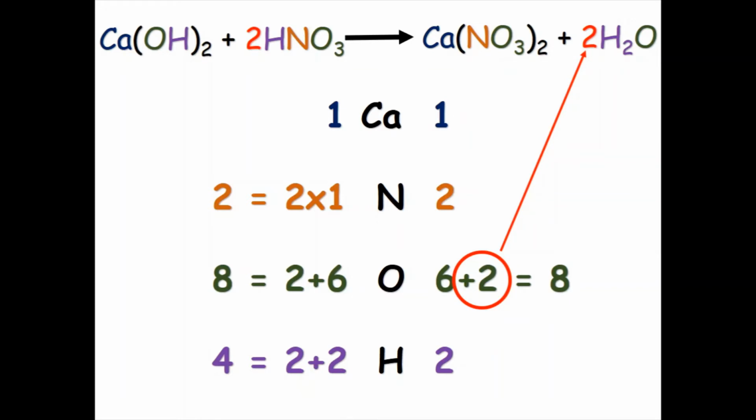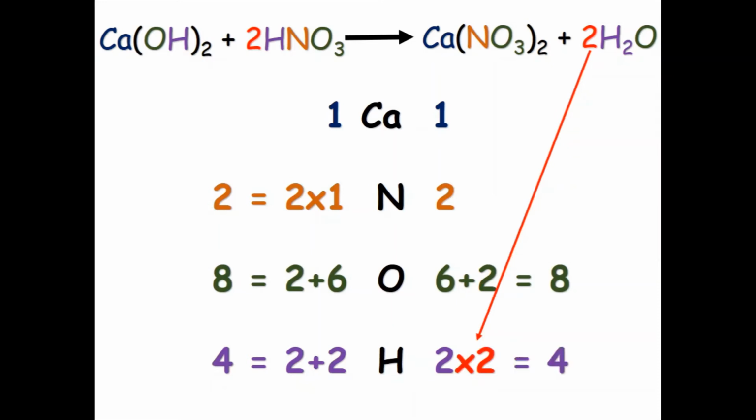So the oxygen now is balanced, but the 2 in front of the water also has an effect on the hydrogen. So this means that the hydrogen we need to times by 2 as well, and that means we have now 4 hydrogen atoms on the right hand side.